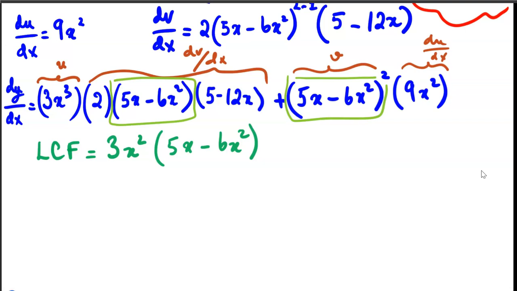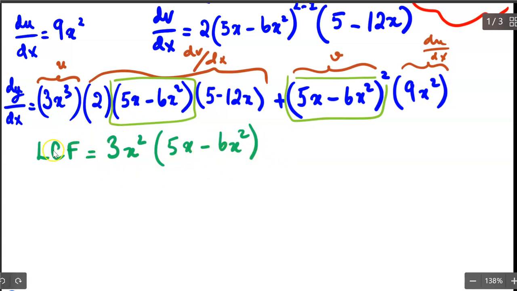But I don't want to write the exponent 1 here, because we all understand that when nothing is written, the exponent is 1. The next term you want to take a look at is 5 minus 12x. You don't find anything here that is common with that. So your lowest common factor now becomes this whole product.